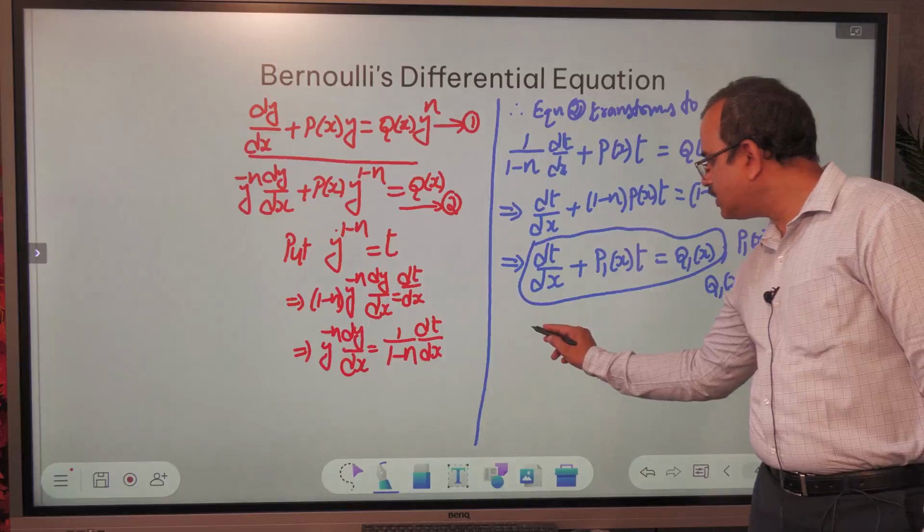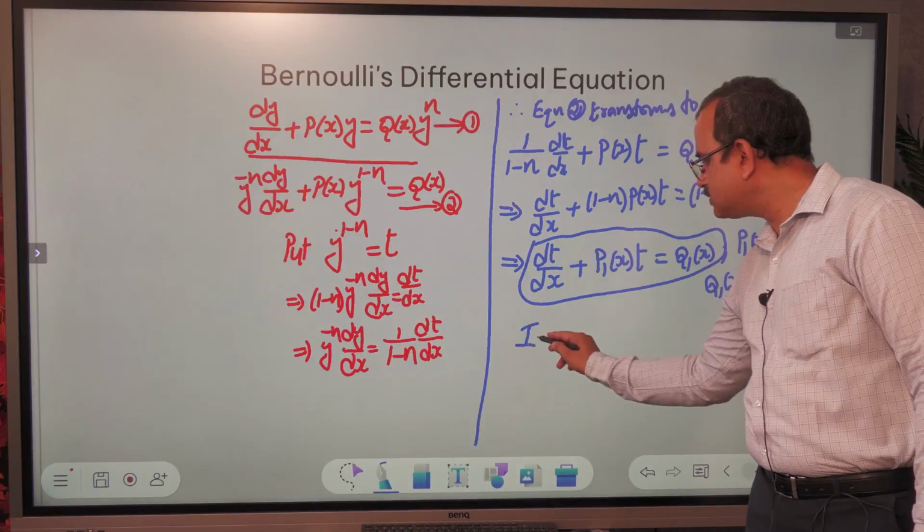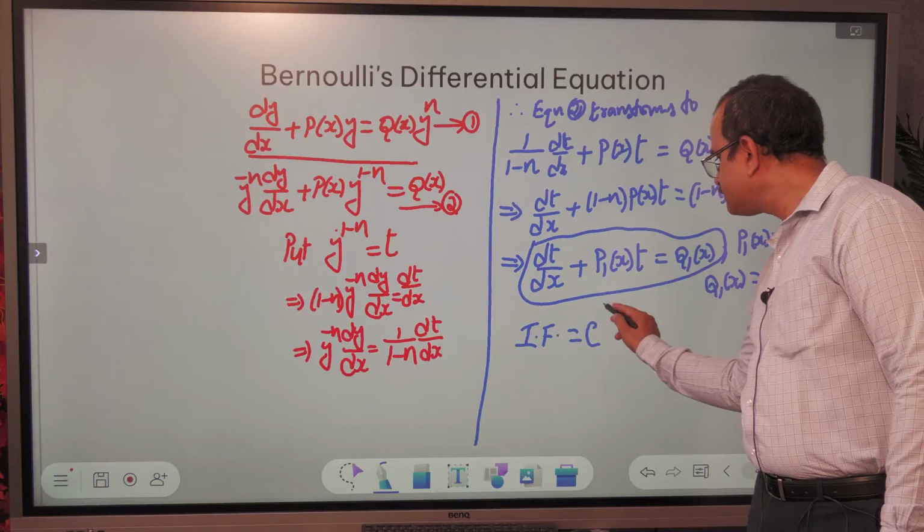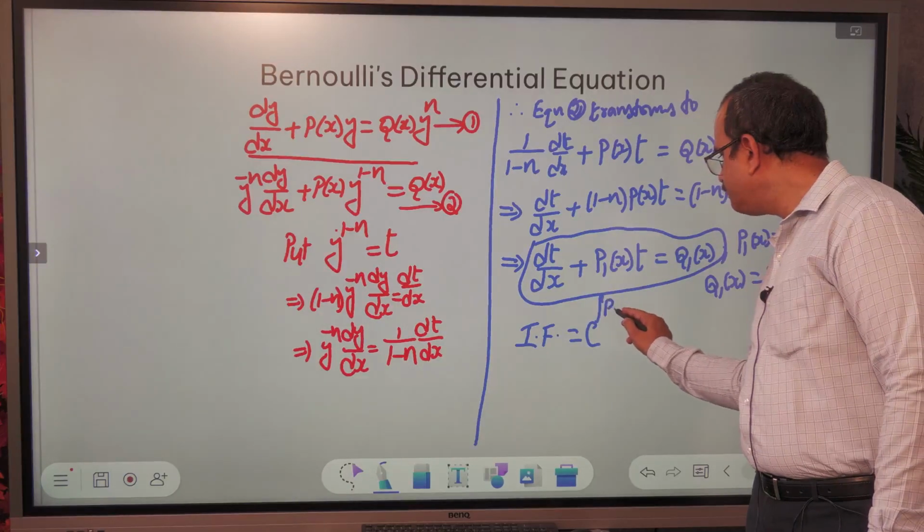For this type of equations we have already discussed that the integrating factor is given as e power integral p1 x dx.